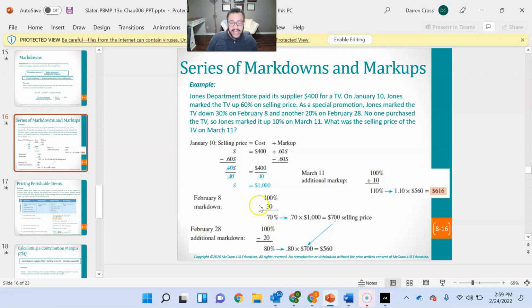They said, okay, if they marked it down 30% and it started at 100%, then you're left with 70%, right? So 70% times 1,000 equals 700. So that's the selling price on the 8th. Another way you can do this is to say, okay, 30% of this 1,000 is 300, and that's what they marked it down. So you subtract the 300 from the 1,000, and you come up with 700.